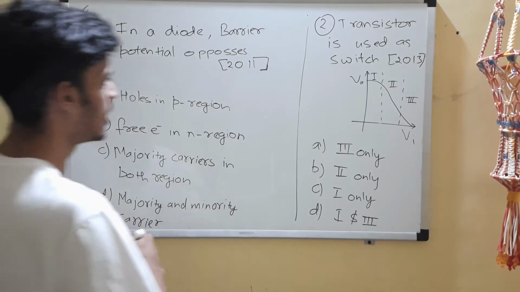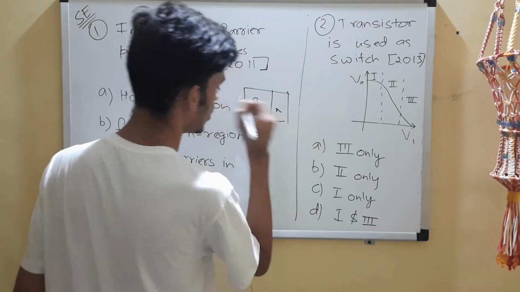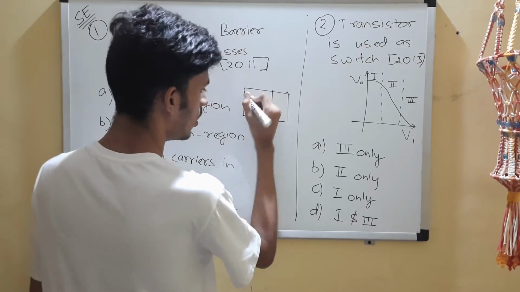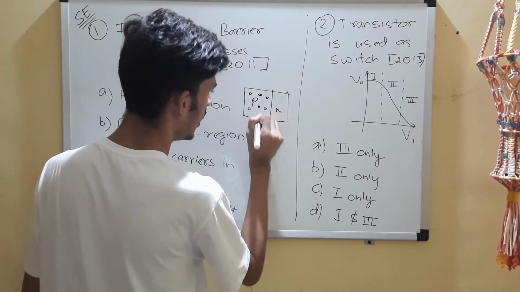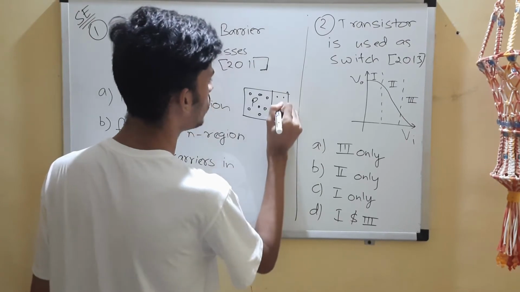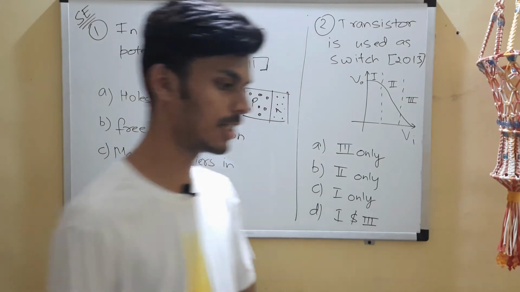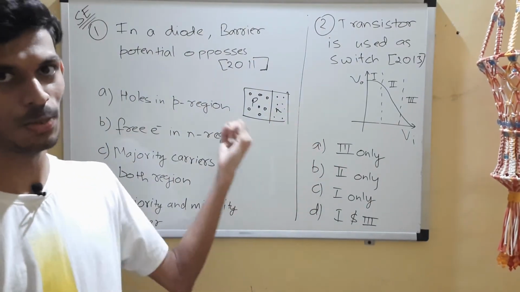Okay, so let's analyze a diode over here. Okay, a p-n junction. In p region, the majority charge carriers are the holes, right? And in the n region, the majority charge carriers are the electrons. Now due to diffusion, some of the holes will flow from the p region to the n region, and some of the electrons likewise will diffuse from n region to p region, right?